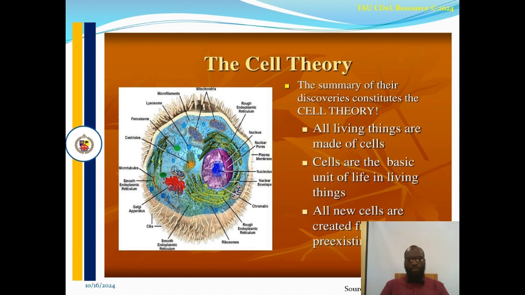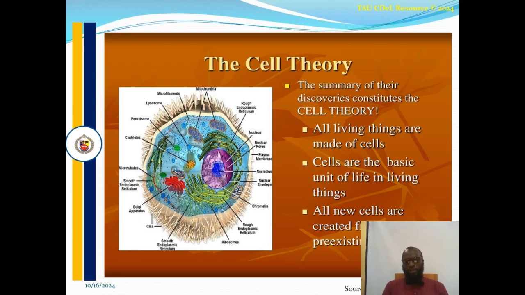The cell theory. What is the cell theory? The cell theory is just a summary of the discoveries that constitute the explanations about how the cell functions, the structure of the cells and the function of the cells.